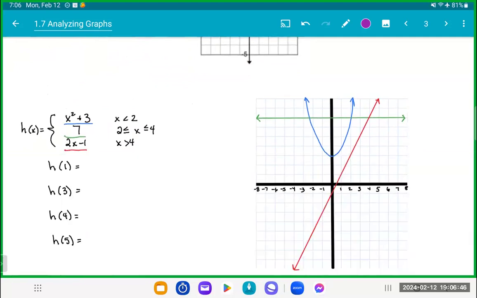So here is another graph, and I drew the equations on this graph over here for you to see, okay? So you see the blue one I've underlined, the blue graph, right? That's our x squared plus 3.